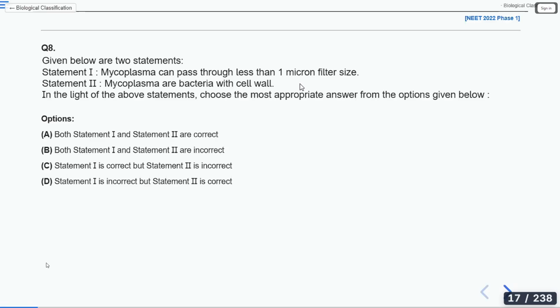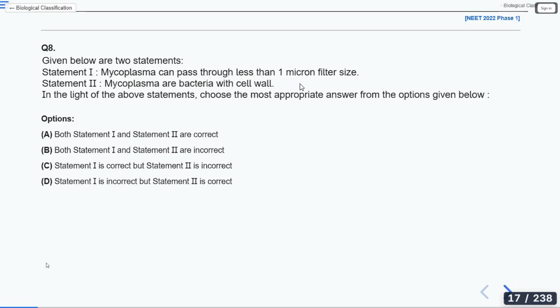What is the disease caused by mycoplasma? Can anyone name one disease caused by mycoplasma? Okay, pneumonia. Very good.